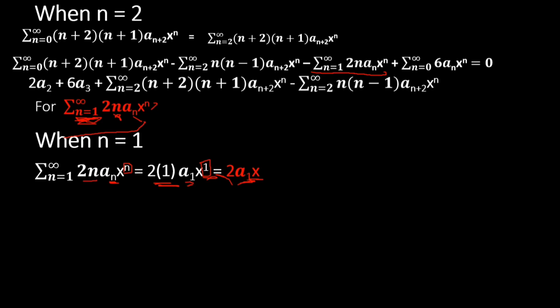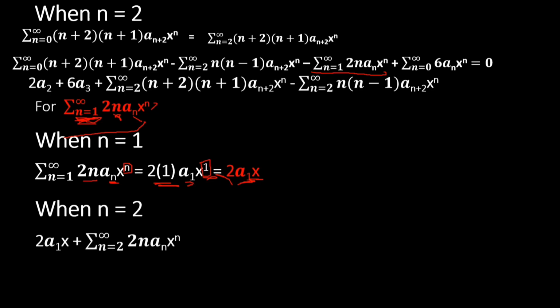I think this is getting more interesting. So when n equals 2 now, I will stop. So you can see from this that this was the answer I got when n equals 1.